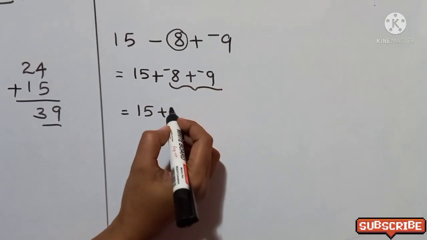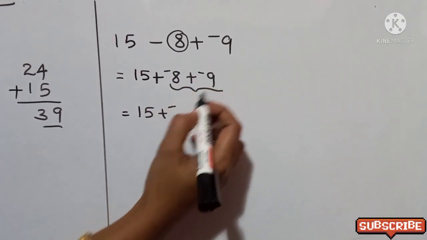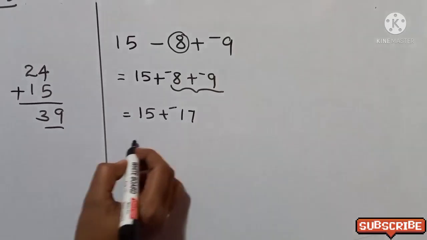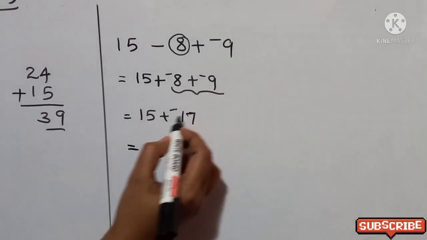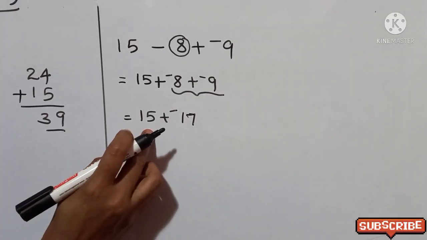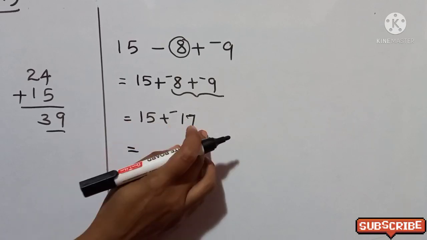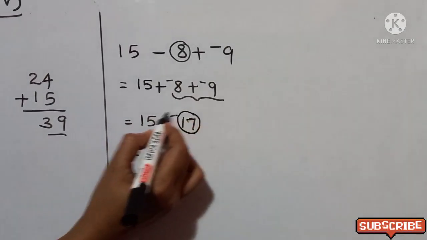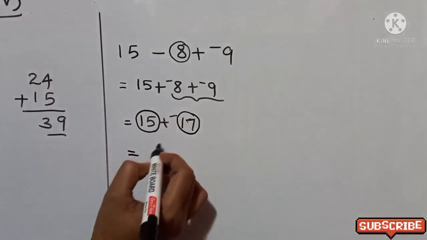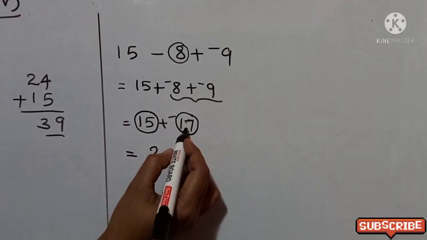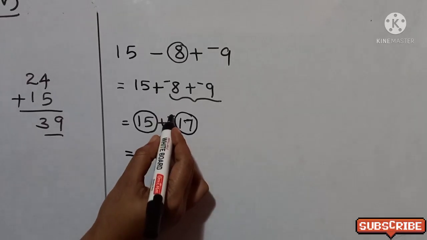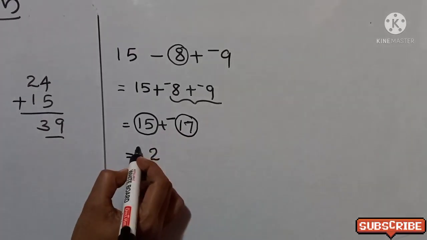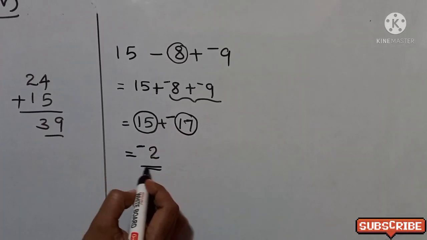Add these and give the negative sign. Minus 8 plus 9 is 17, so minus 17. Then find the difference between them, since here it is negative and here it is positive. 17 minus 15 is 2. And look here, 17 is larger than 15 and with a minus sign, so put the minus sign here. Minus 2 is the answer.